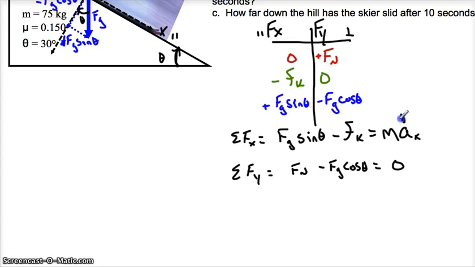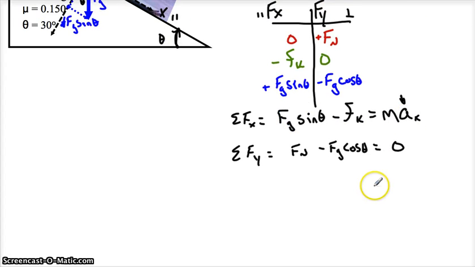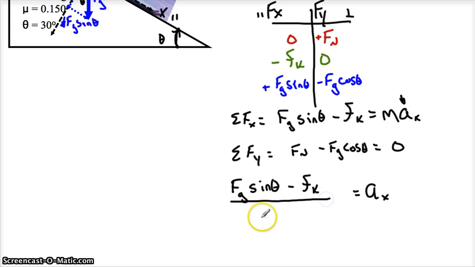So we're interested in solving in part A here for the acceleration. If we do that, I'll do it in one step. The acceleration, divided by m, is going to be force of gravity sine theta minus the force of friction, all divided by m. Now, from the y equation, like usual, we see that our normal force now is going to be force of gravity cosine the angle theta.